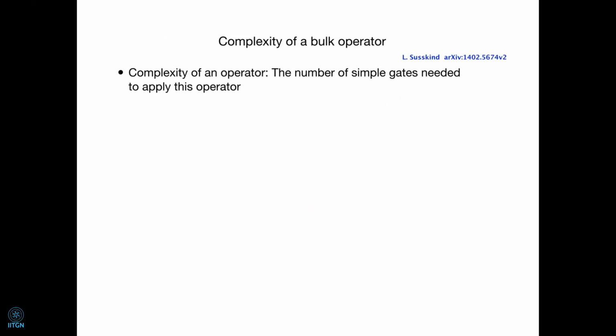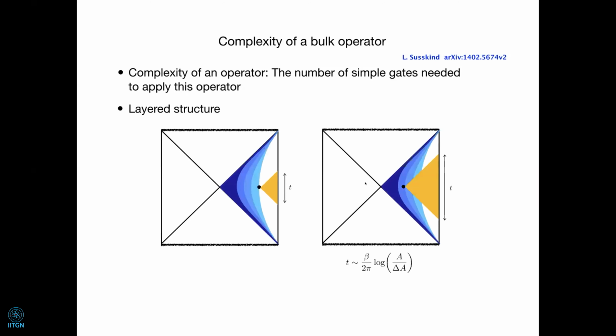The complexity of operator reconstruction in this form was studied by Susskind in 2014. Complexity of the operator is defined as the number of simple gates needed to apply this operator. Imagine we want to reconstruct the operator here. I have a smeared operator here, and for any operator on the boundary, let's say this is t equal to 0, eventually we write all the operators as Heisenberg evolved operators at t equals 0.